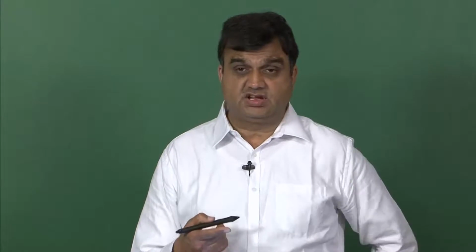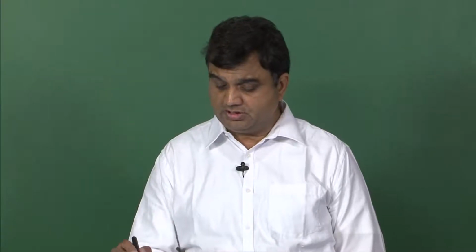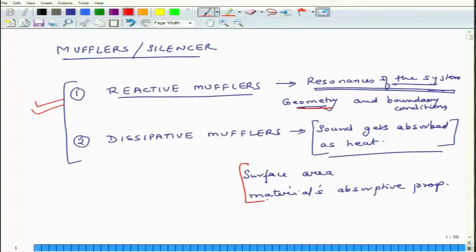These mufflers in automobiles are primarily reactive in nature, but they also have some dissipative capability, because most of the mufflers in automobiles nowadays are not purely reactive or not purely dissipative, but some sort of a mixture where we use both geometry and the sound absorption property of different materials to kill noise.